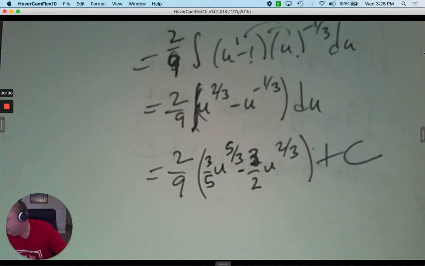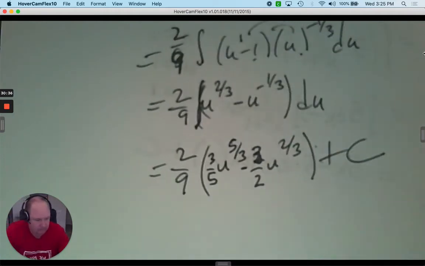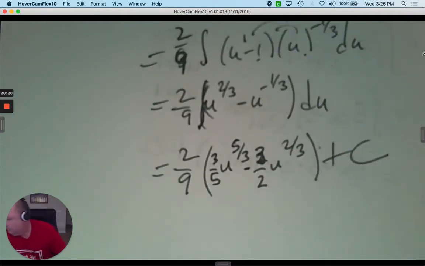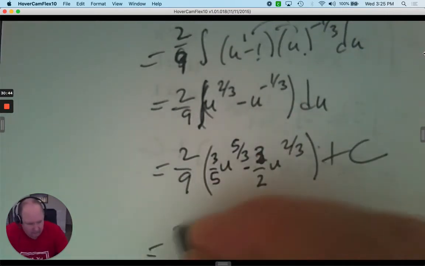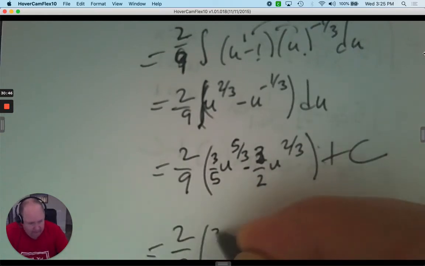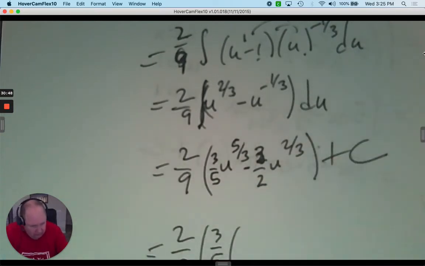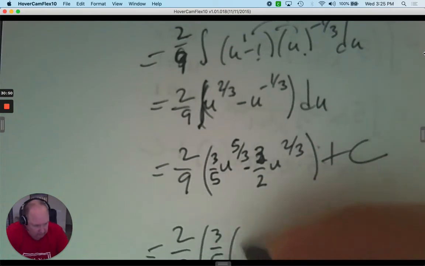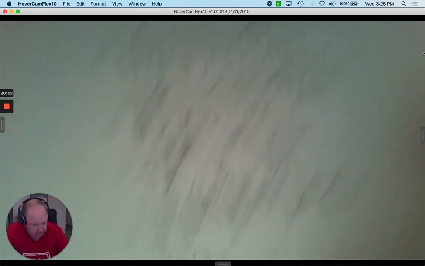And the last thing I need to do is plug x back in. So I have 2/9, I have 3/5. U is 3x plus 1 from here, right?